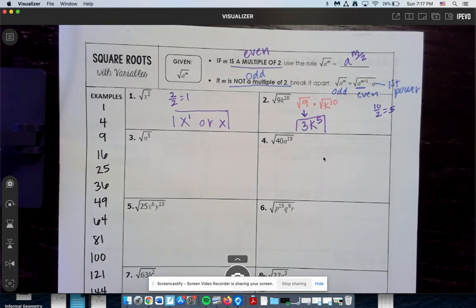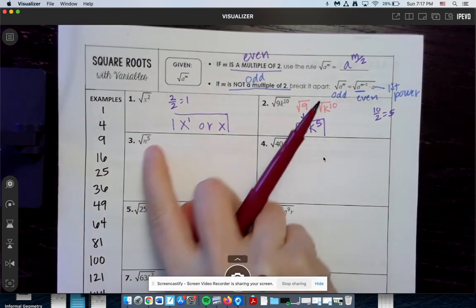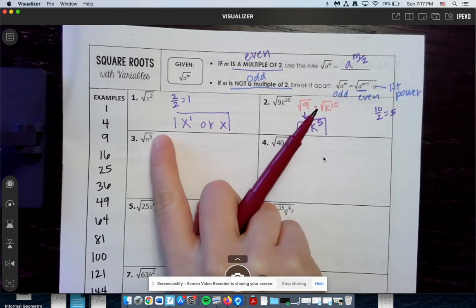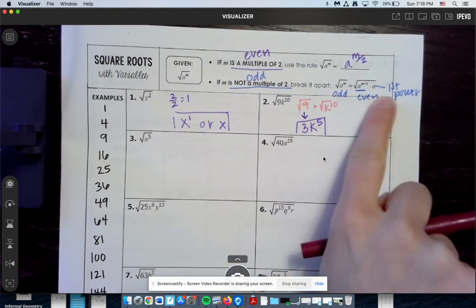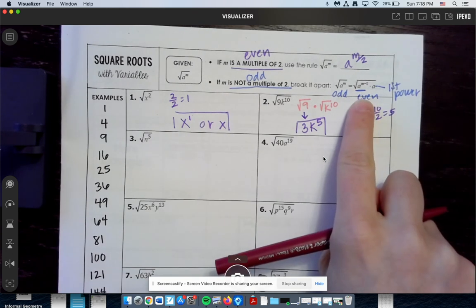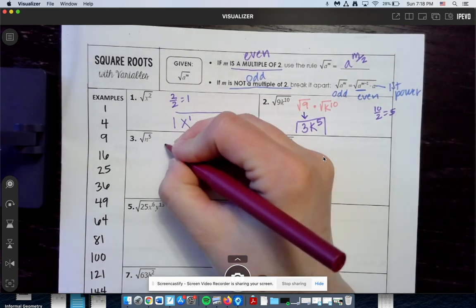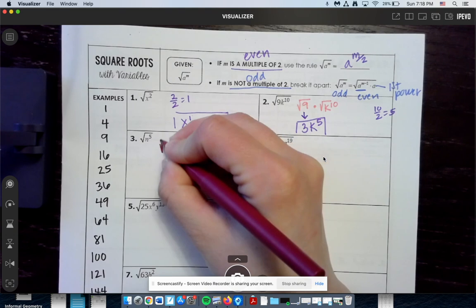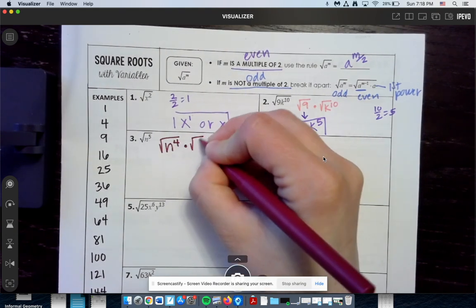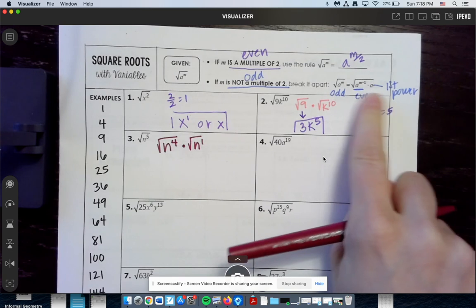Okay, let's try another one. n to the power of 5. Let's decide, is 5 even or odd? It's odd, so we have to break it down. So what do we do first? We're going to take 5 minus 1. 5 minus 1 is 4 times n to the first power. So now it looks like this, you guys. That's what we just did.